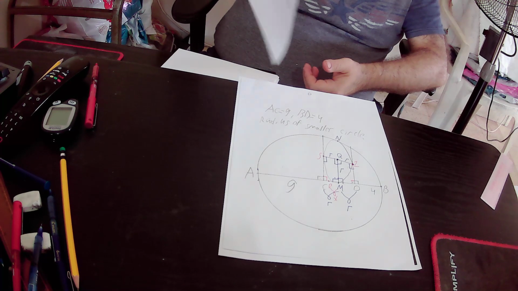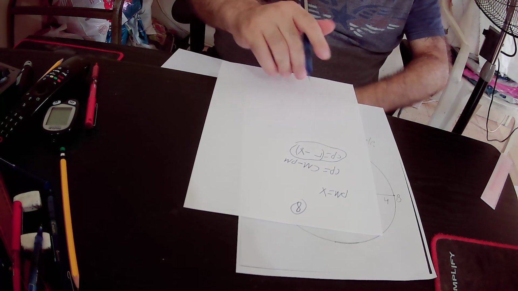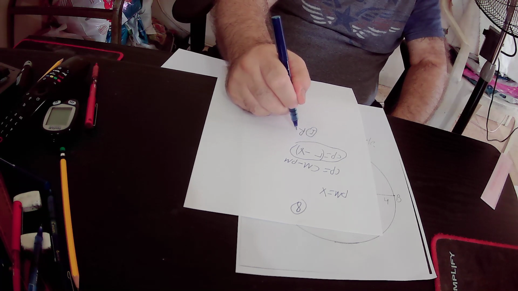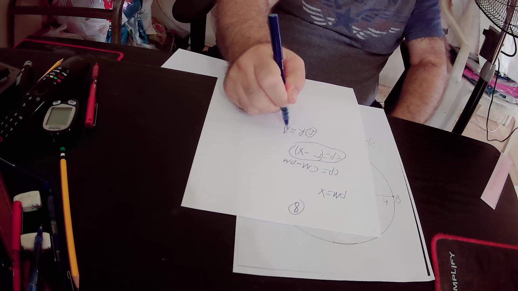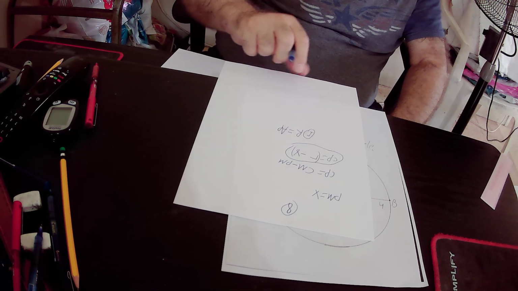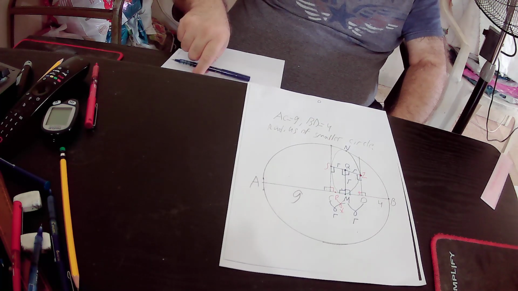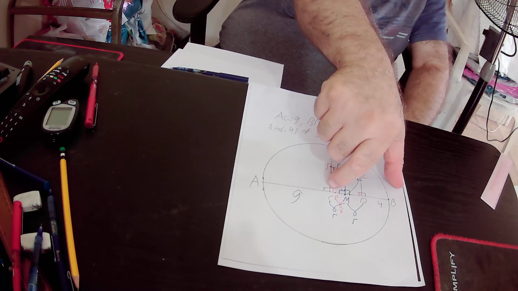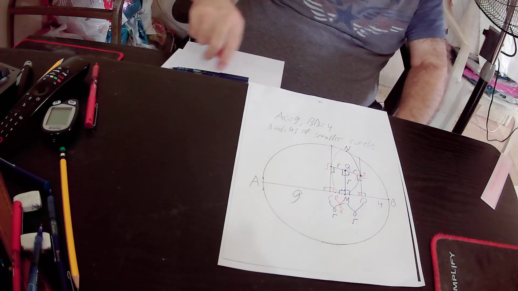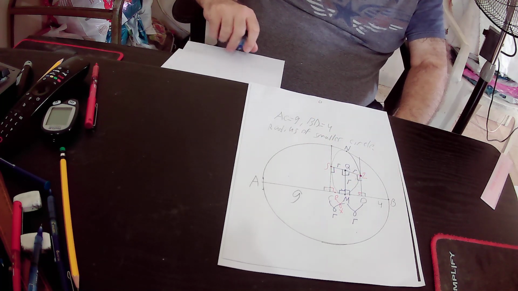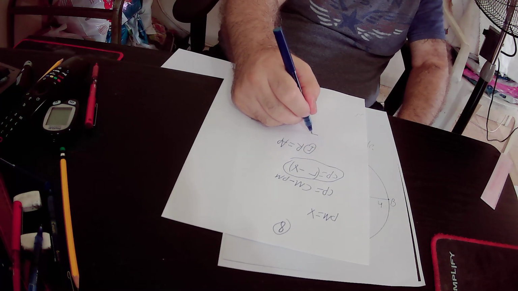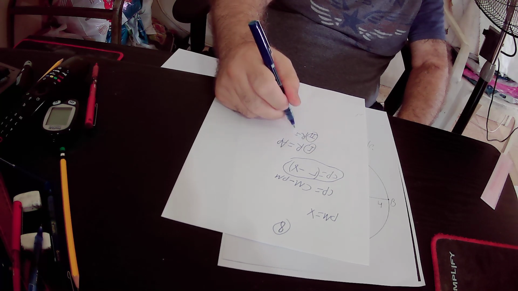Equation number one states that capital R, the radius of the big circle, equals AP. But we also know that the radius of the big circle also equals PB. So we'll create equation number 2 that states that the radius of the big circle also equals PB.